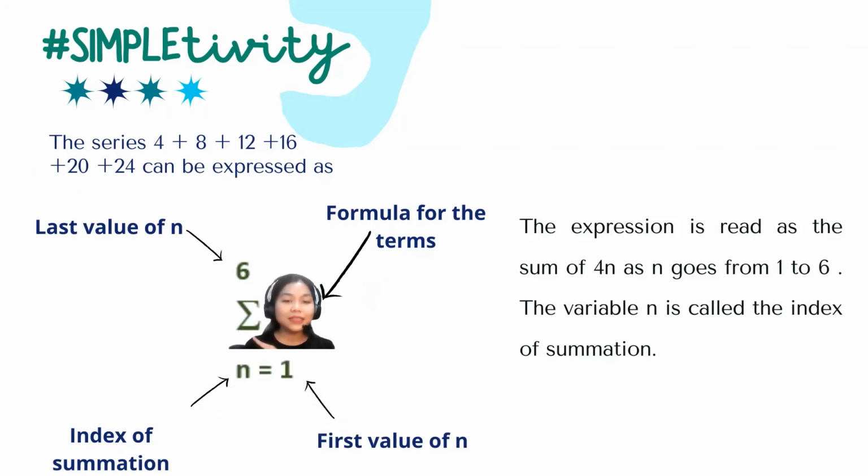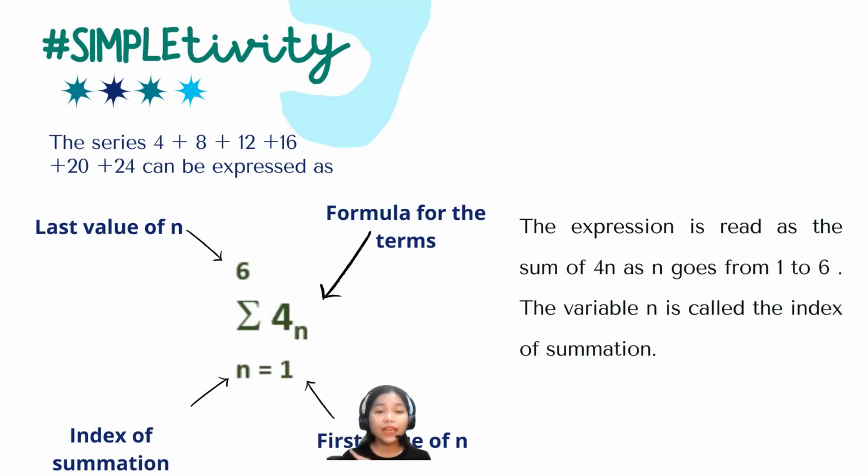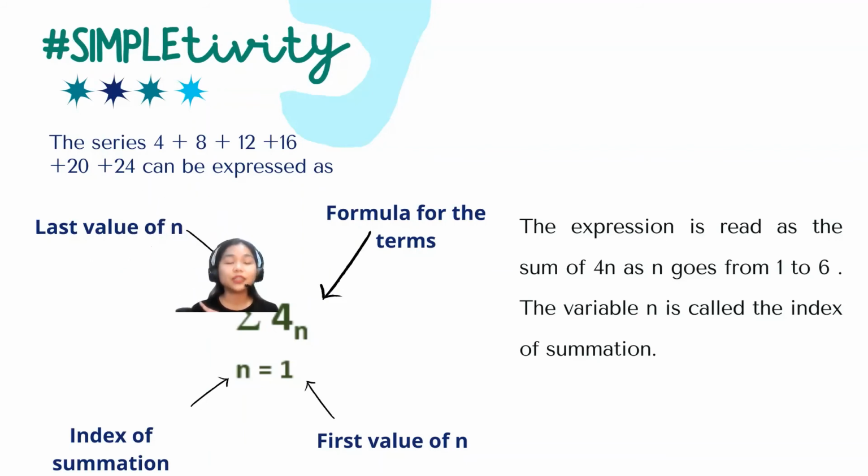Then we have the sigma sign or the notation. It tells us to simply add. Then n here is the index of summation. 1 is the first value of n, and the number on top of the sigma sign tells us that this is the last value of n, which is 6. Why 6?